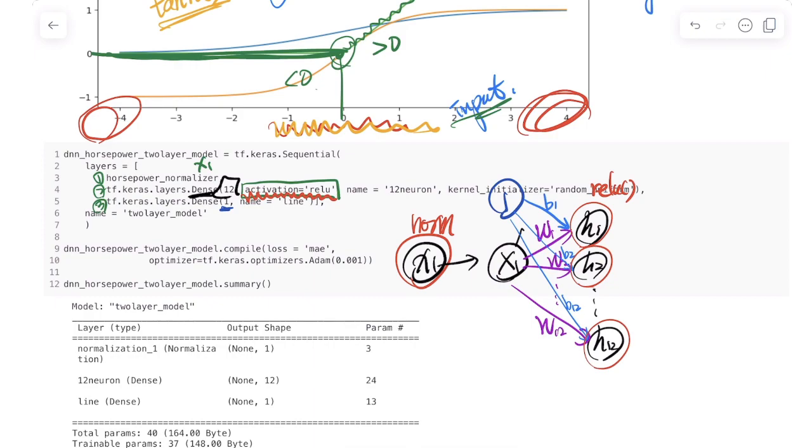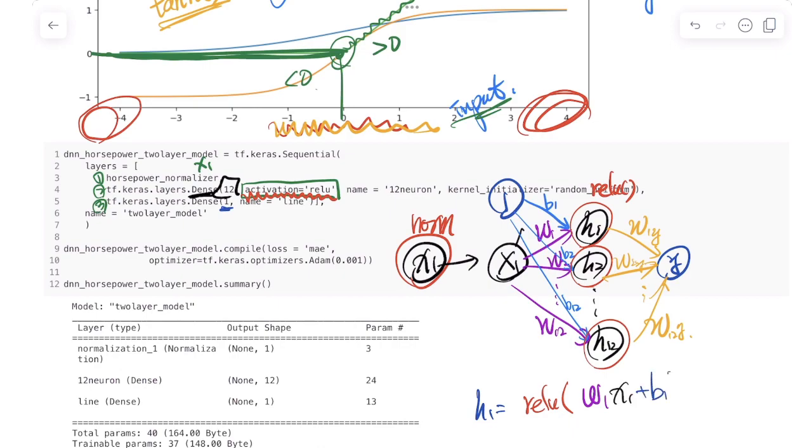And at last, we have another dense layer, and that would be W1y, W2y to W12y. So you can see that H1 equals the ReLU function of W1 x1 plus B1, and so on and so forth.